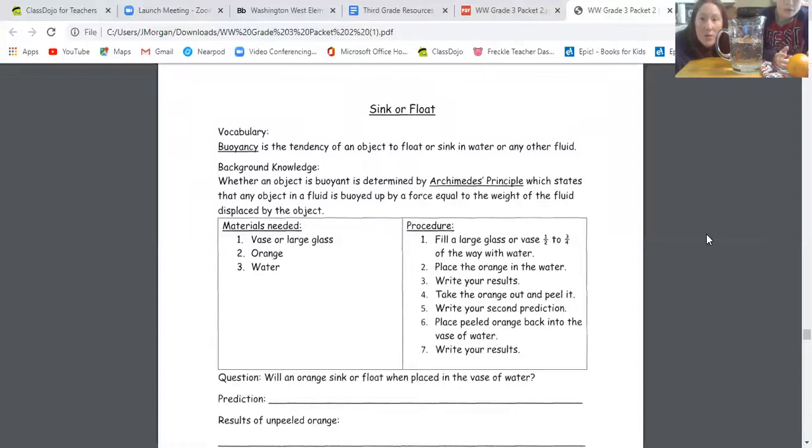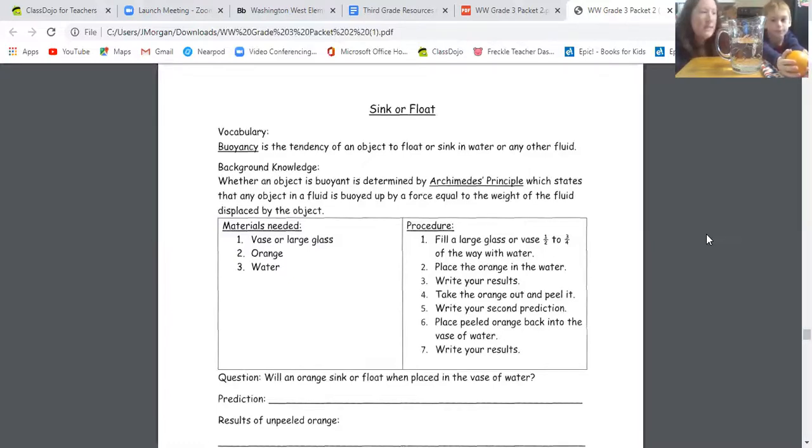So a couple things you're going to need before you continue on with this video. You are going to need a vase or a large glass or a pitcher. In this case is what we came to use. An orange, there's my orange, and the water. It's already inside. So what you're going to do is fill your large glass half to three-quarters of the way full with water.